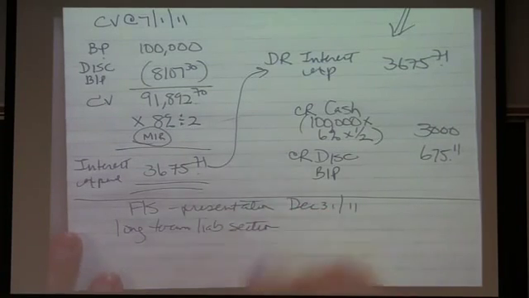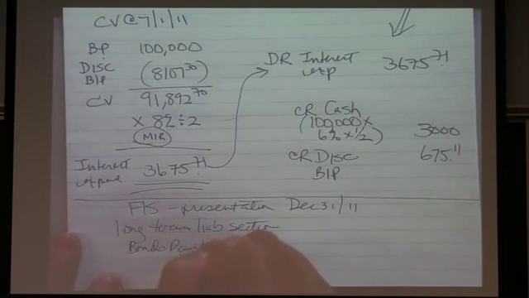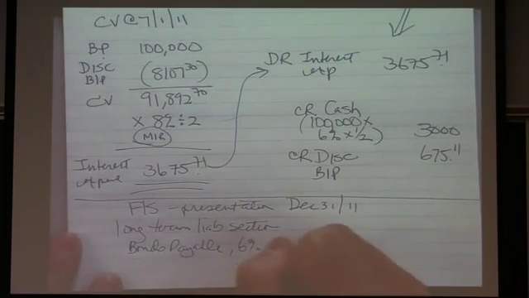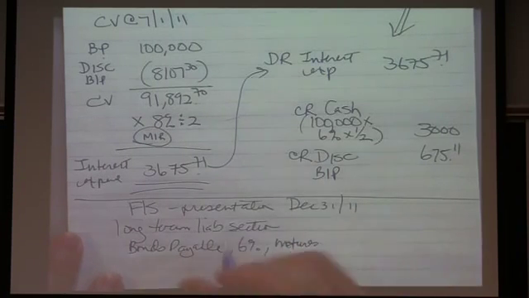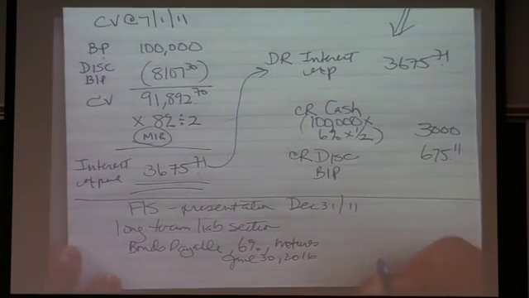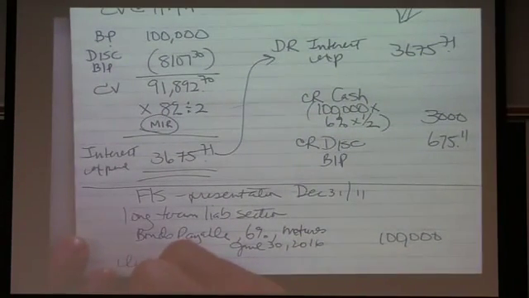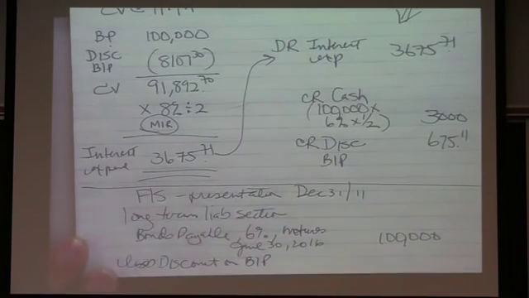We're going to have bonds payable, 6%, matures June 30th, 2016. We're going to show the 100,000. This time, we're going to show less discounts on bonds payable.